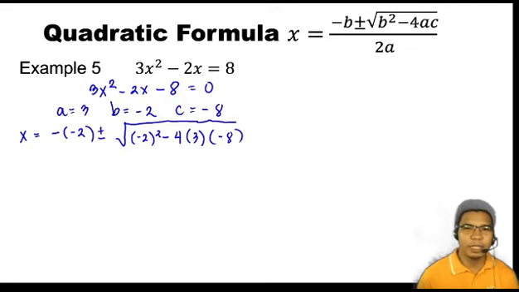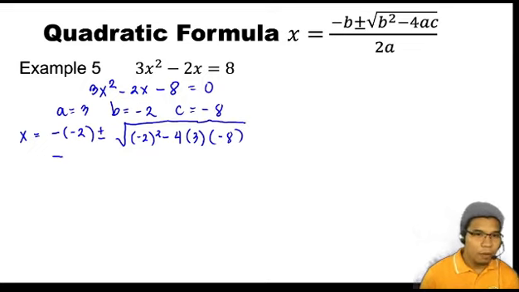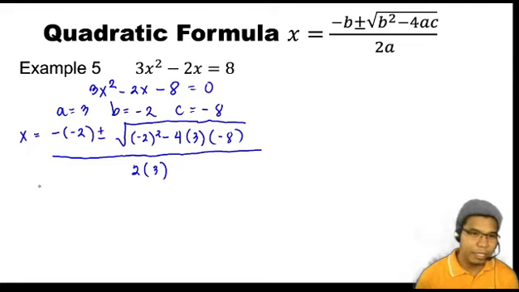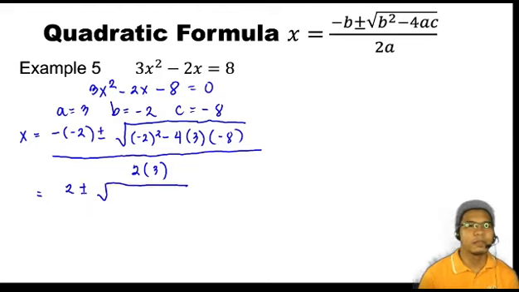So, abaan lang natin itong radical sign all over 2 times 3. Okay, so be careful lang sa pagsisimplify niya na para hindi tayo magkamali ng mga signs. So negative times negative 2 is now positive 2 plus and minus square root of negative 2 squared is positive 4.